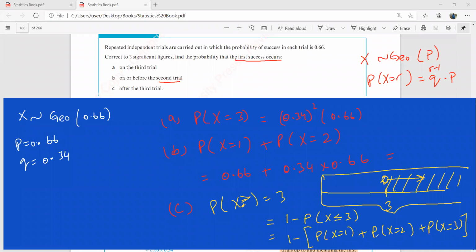But tell me, if you know that you're going to do an experiment 3 times, you are going to repeat something 3 times, and you are dealing with the geometric distribution, what are the possibilities? For example, your parents say, okay, we are giving you 3 chances to get a certain score in your SAT.